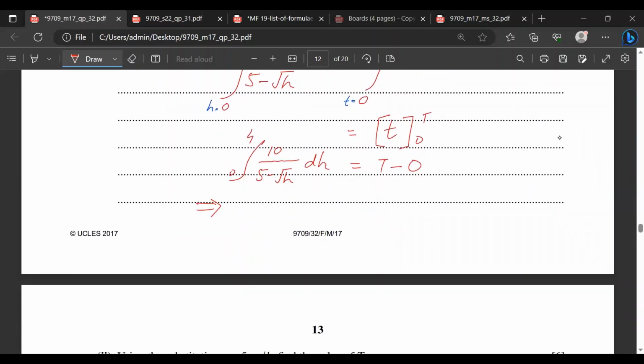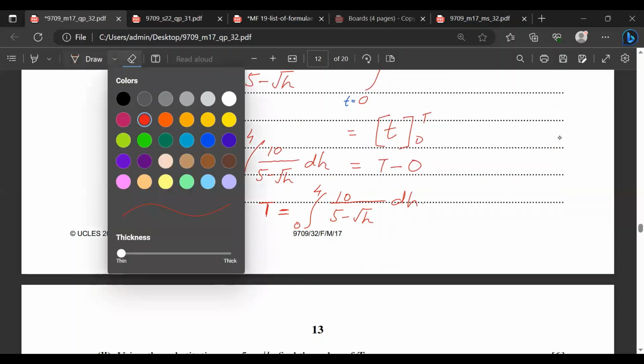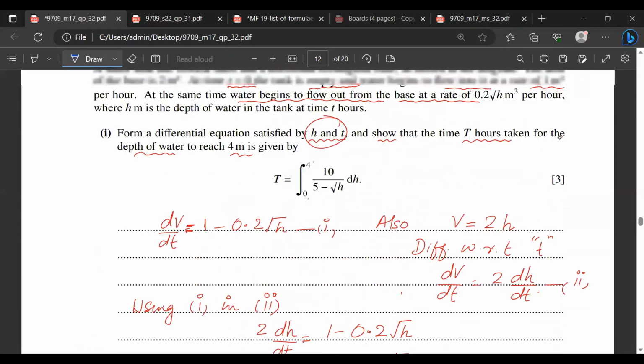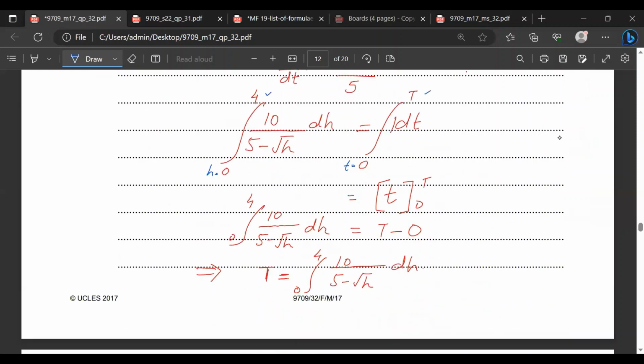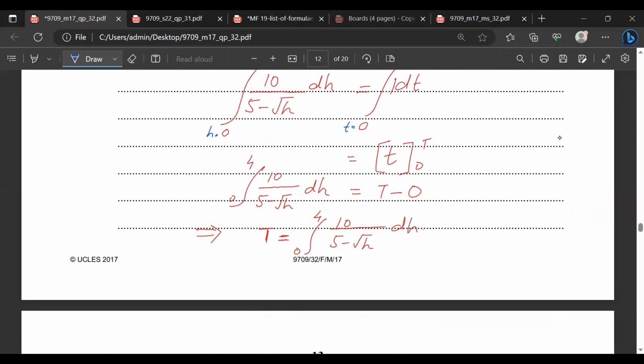This implies T is equal to the integral from 0 to 4 of 10 over 5 minus root h dh. This is the result which we want. This is how you can prove it. Yes, we have the solution to the first part here.